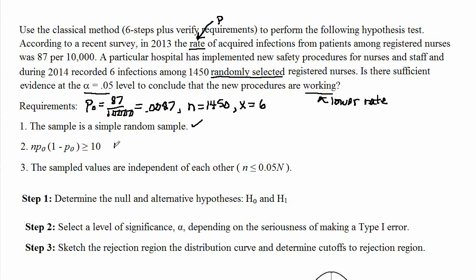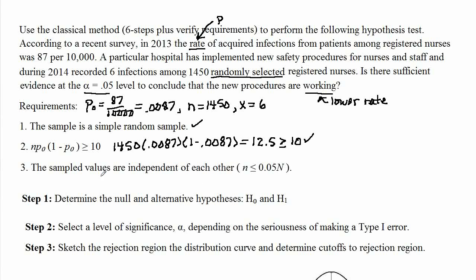So N is 1,450 times P0, 0.0087, times 1 minus 0.0087, and that is approximately 12.5 if you compute that on the calculator, which is greater than or equal to 10.